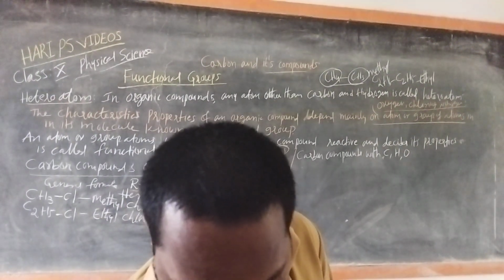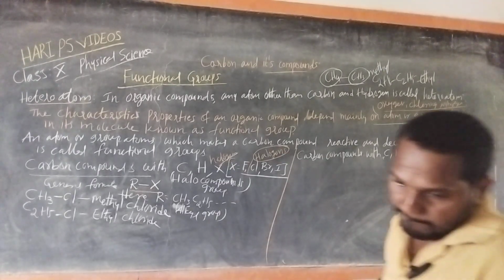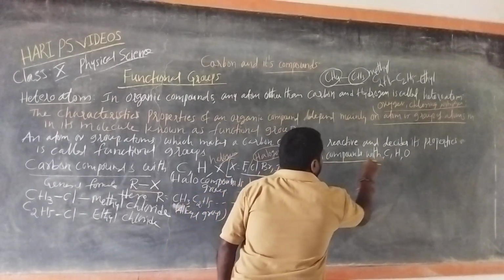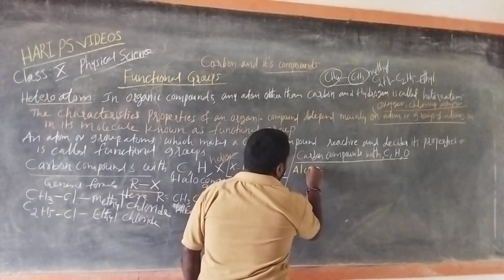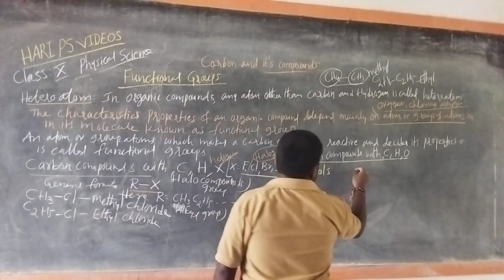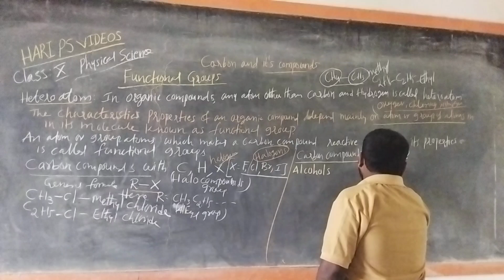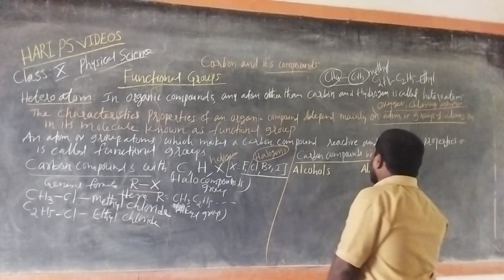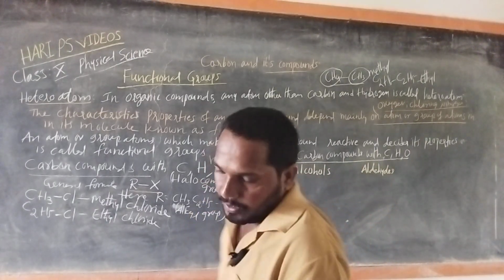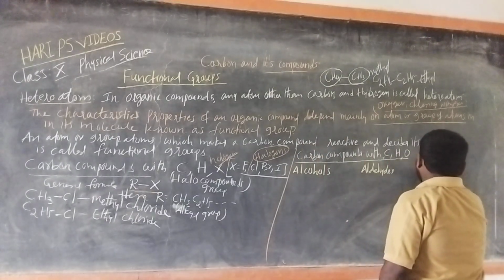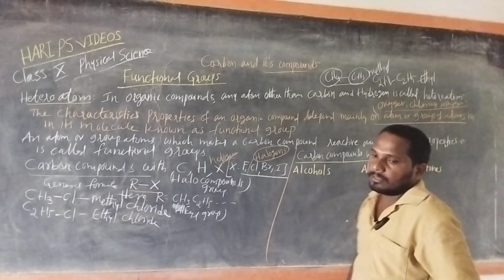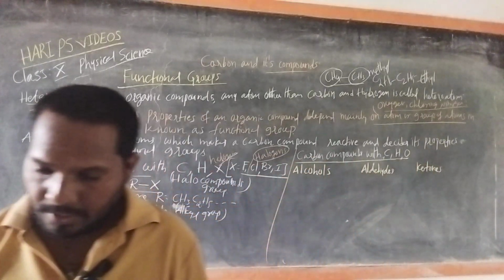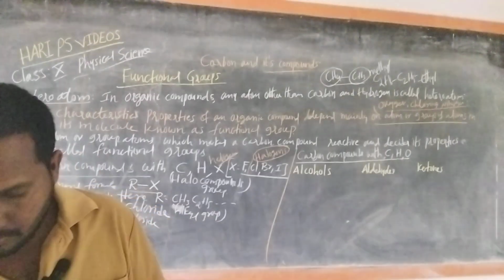Try to understand all these functional groups. So different kinds of carbon compounds with carbon, hydrogen and oxygen: alcohols, aldehydes, ketones. Some others are also there.